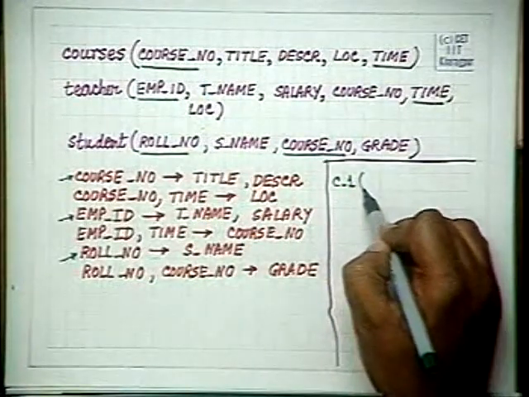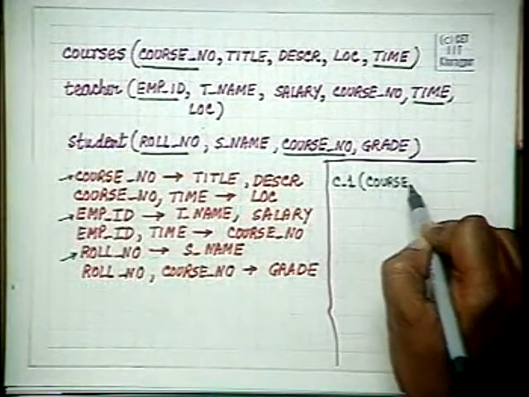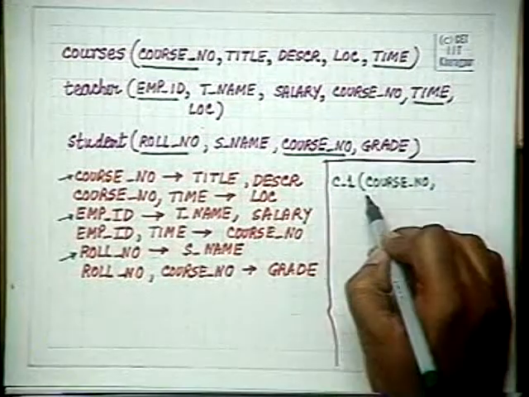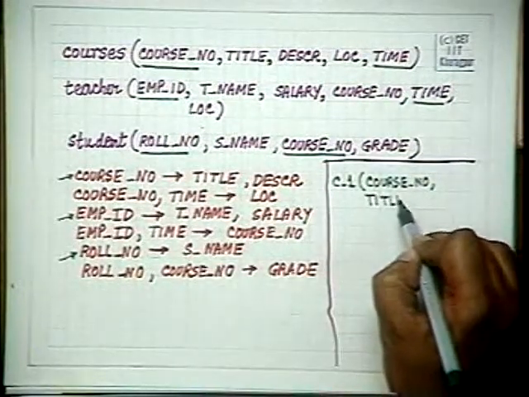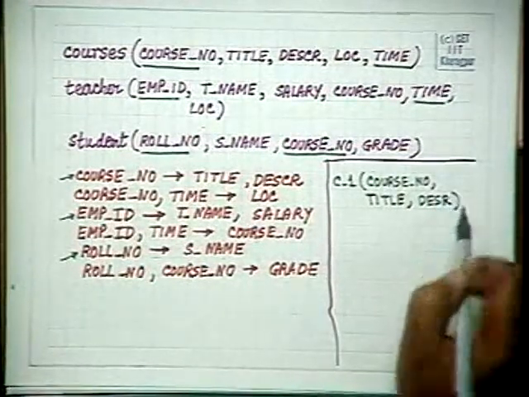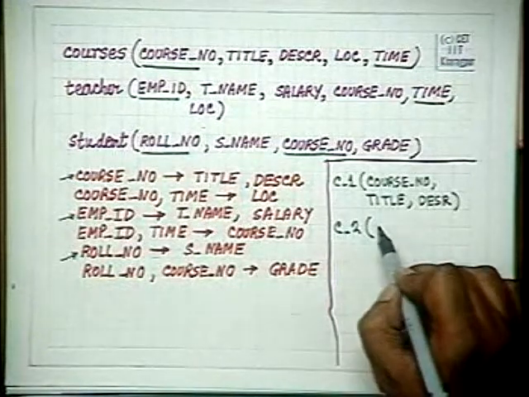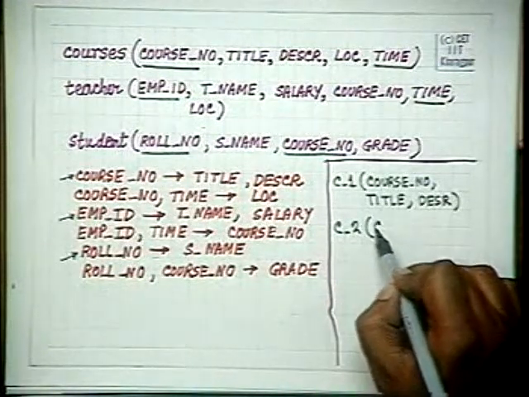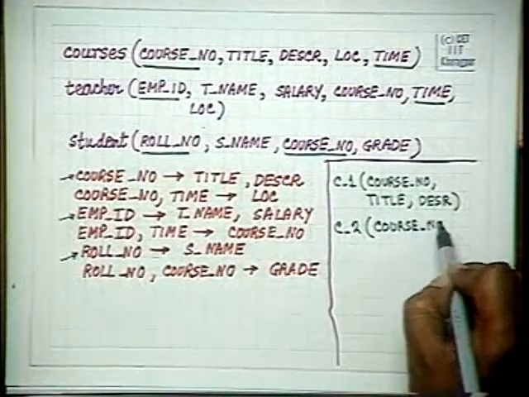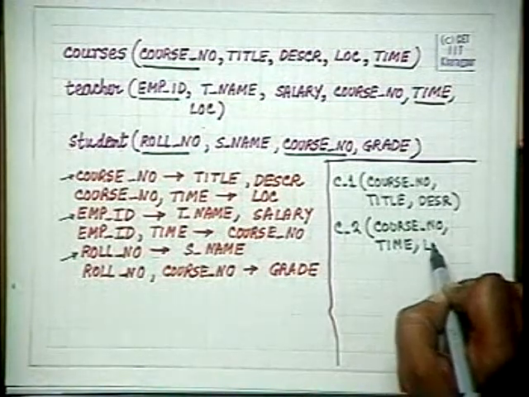C1, which will have course number, title and description, and C2, which will have course number, time and location.